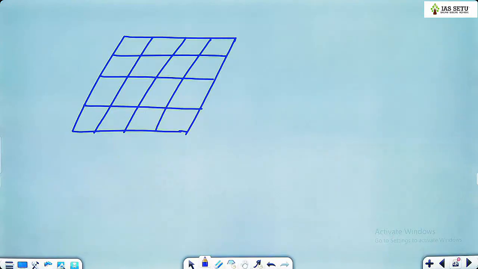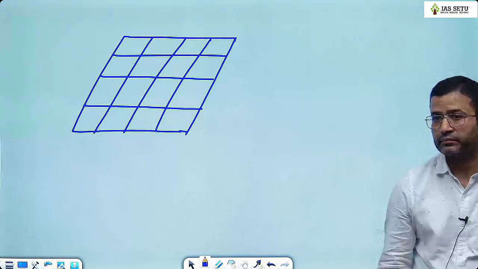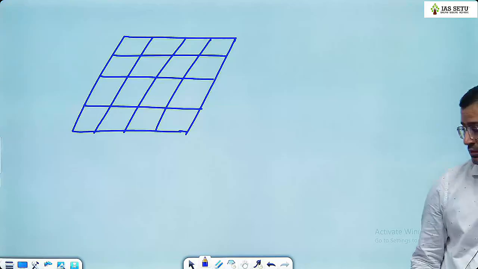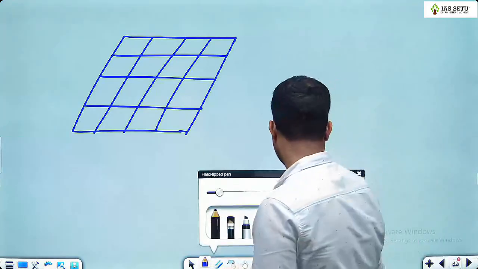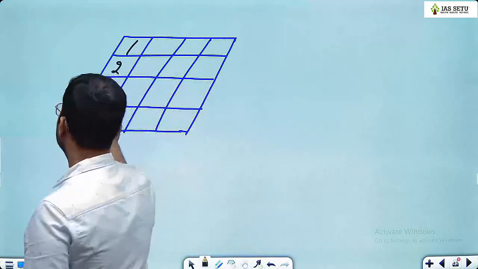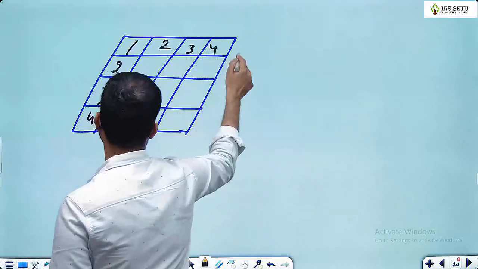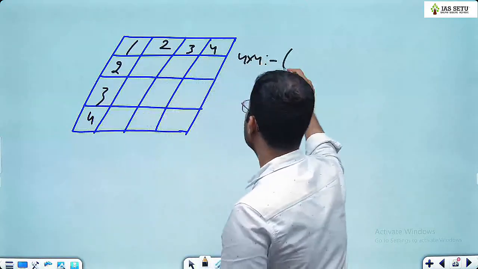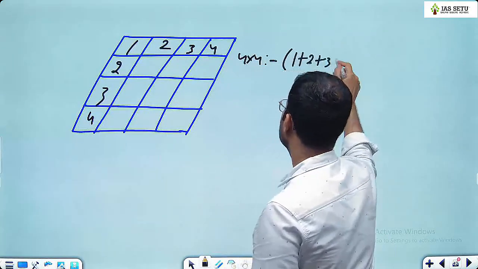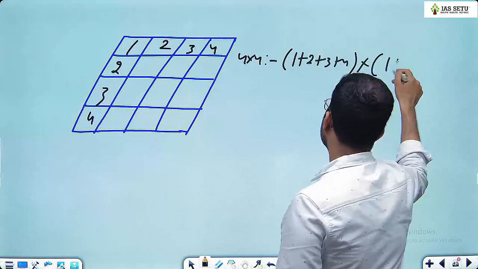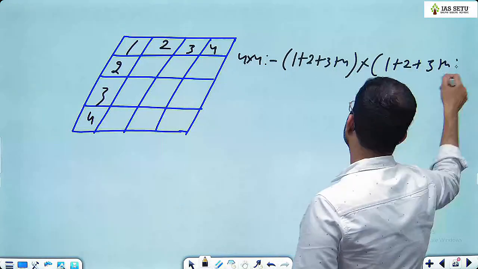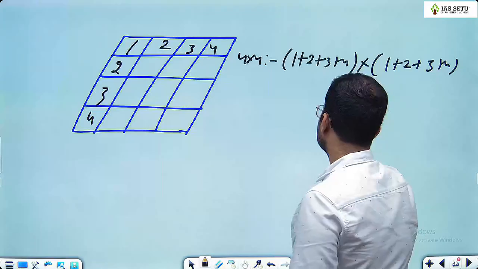You just check the figure, then you apply your short trick. This is 1, 2, 3, 4, 1, 2, 3, 4. This is a 4 by 4 figure. Bracket start 1 plus 2 plus 3 plus 4. Second bracket start 1 plus 2 plus 3 plus 4. This is 10 into 10, 100.